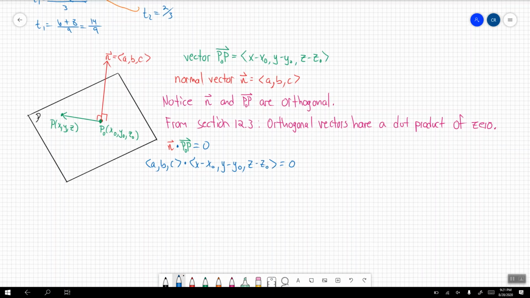And we can keep going. Let's keep taking this dot product. This will now give me a times x minus x naught plus b times y minus y naught plus c times z minus z naught is equal to 0.